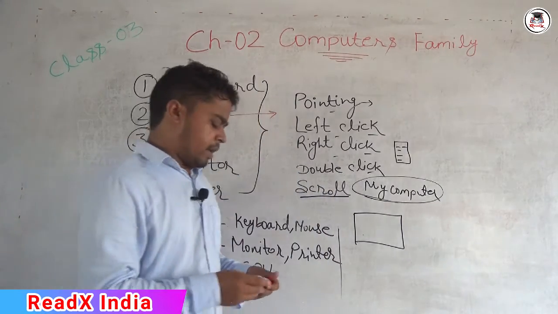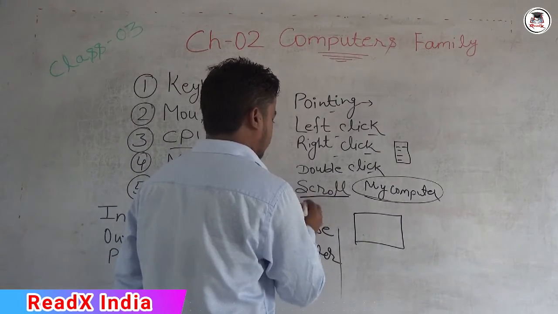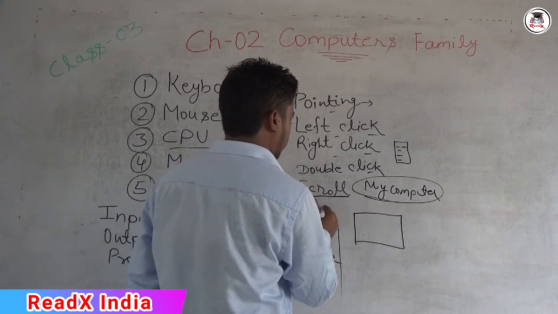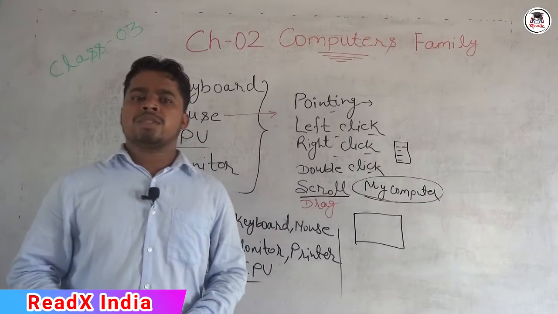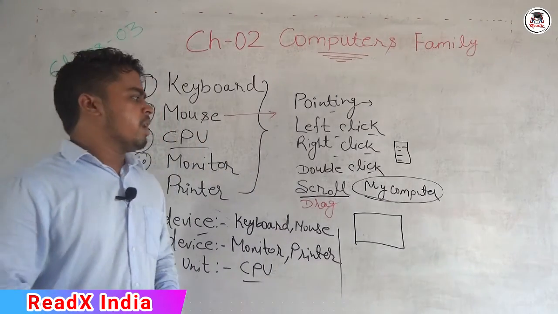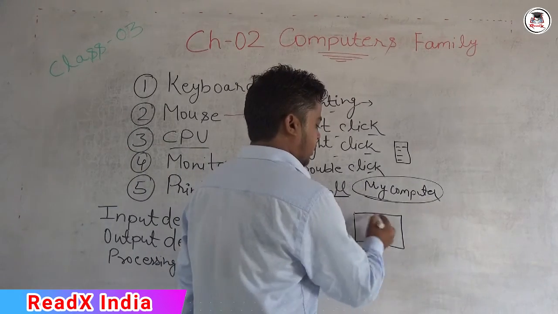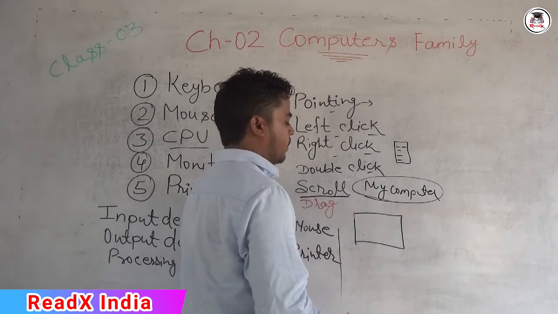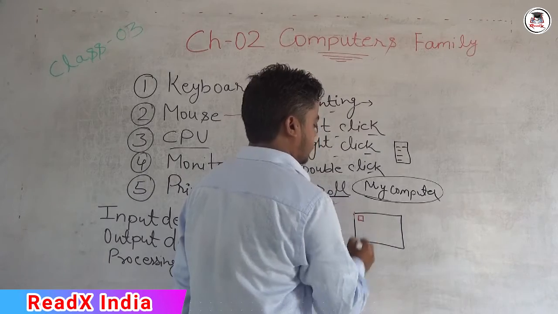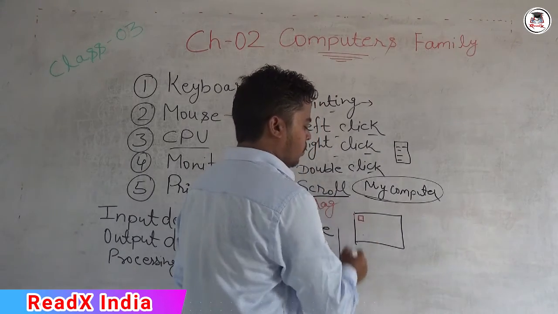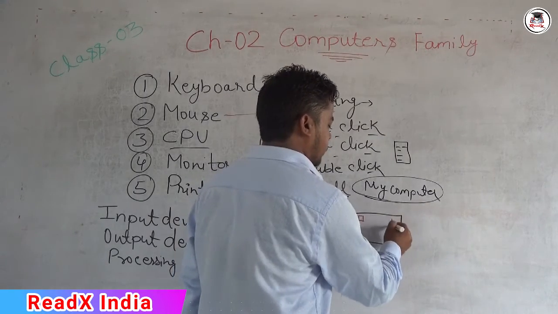Similarly, another terminology we have in a mouse is drag, or sometimes it is also called dragging. So suppose this is the screen of a monitor, and some icon or folder is kept over here. Now I want to move this to this place or this place.